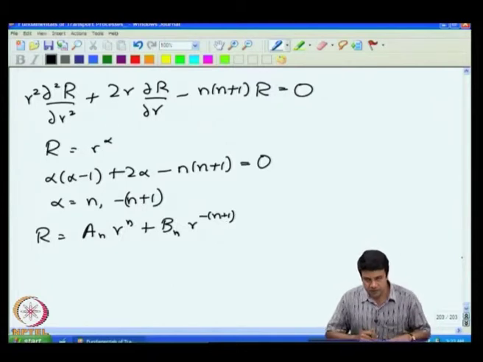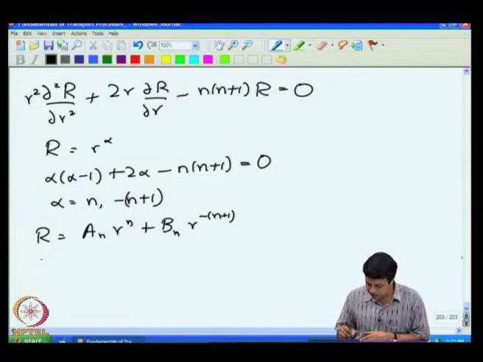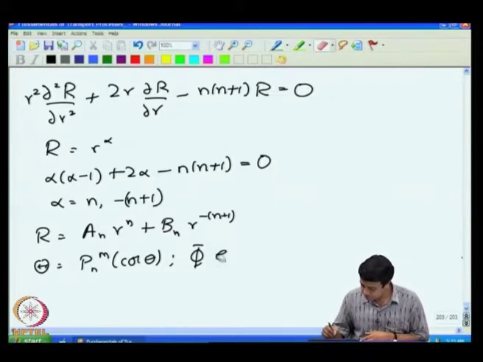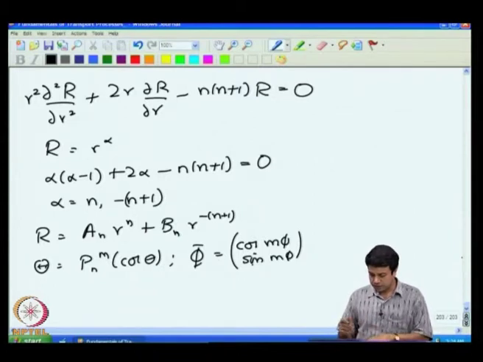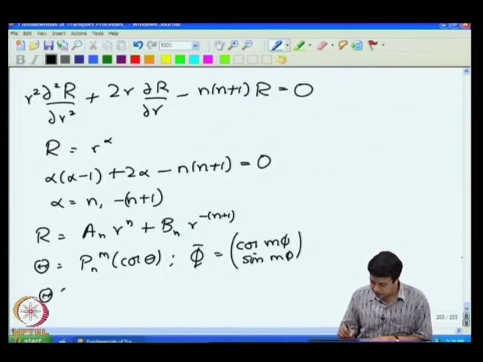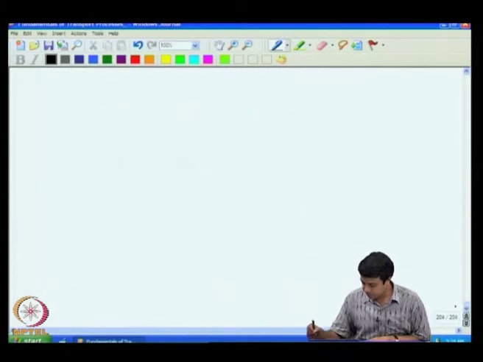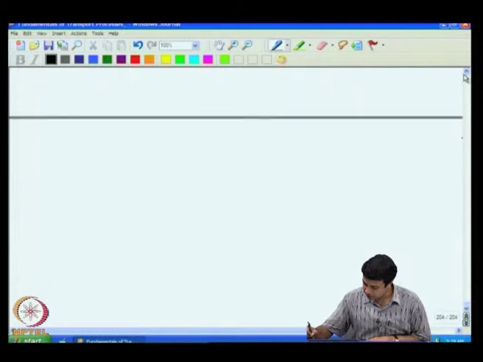And for that specific value of n, the solution for theta is of the form P n m of cos theta, and phi is of the form cos m phi and sin m phi. Or alternatively, I can write theta times phi of the form Y n m of theta phi, where Y n m is the spherical harmonic.